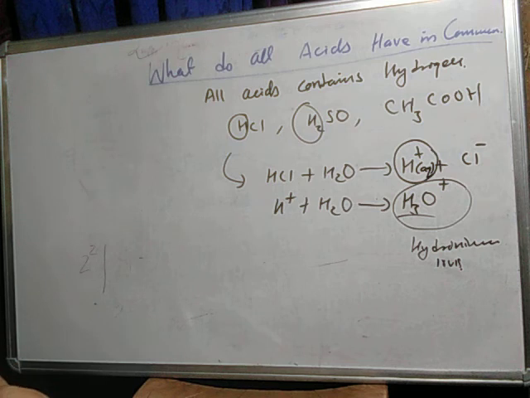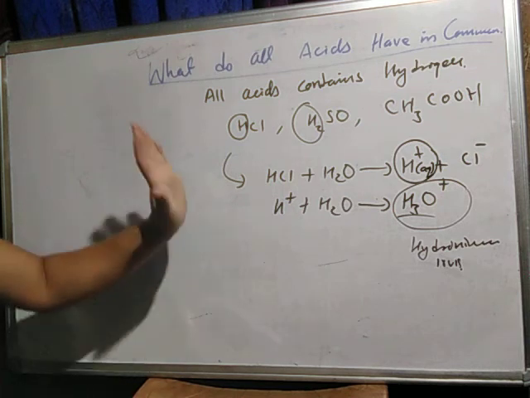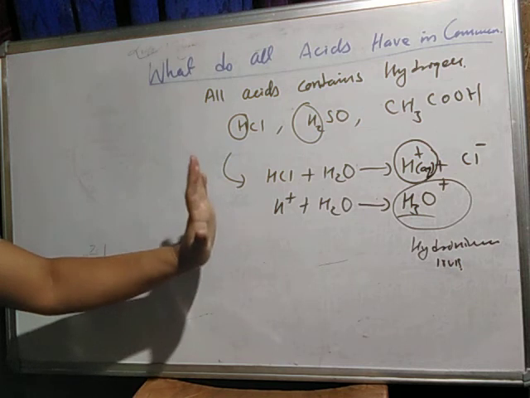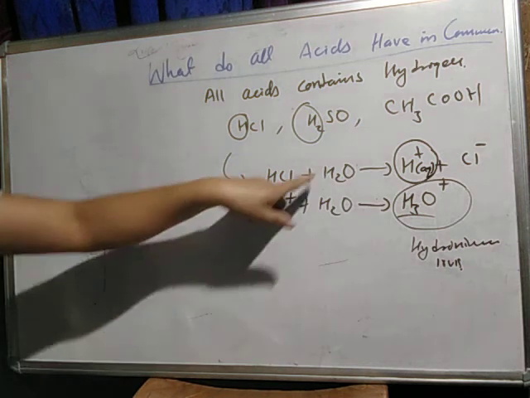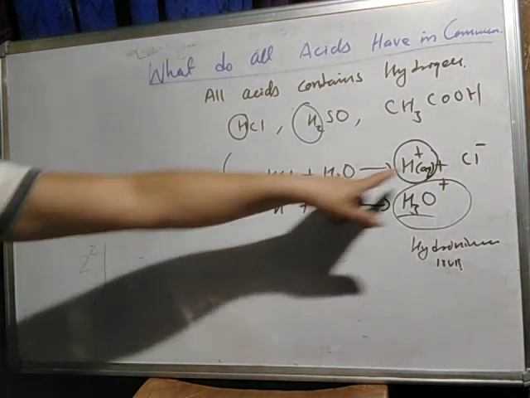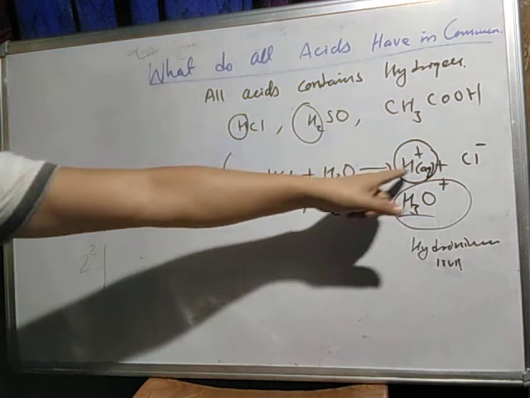So now you can redefine the definition of acid. So write down an acid is a substance which dissociates, isn't it? They break down into ions.